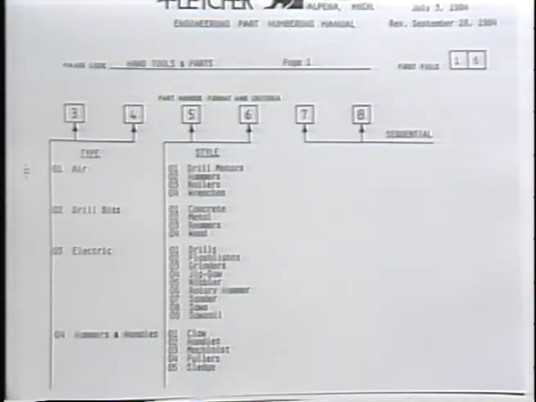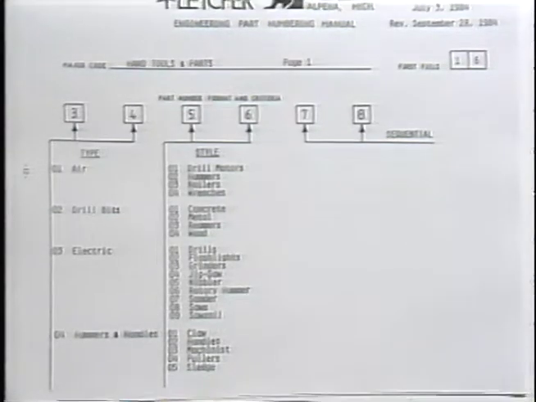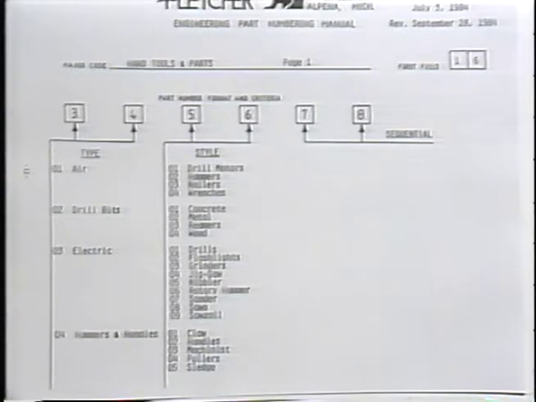What the companies do that make mistakes, when they go down to 02 drill bits, and I put down the concrete drill bit in the third field, they'll start that third field with 05. They make the assumption that I have to run the third field straight sequentially. That's a wrong decision.